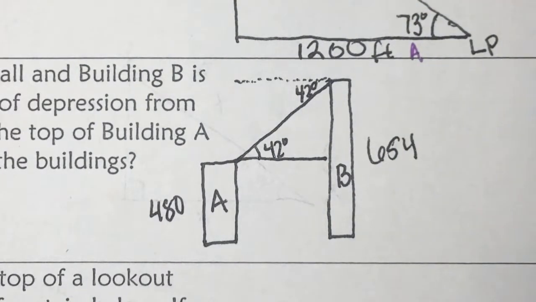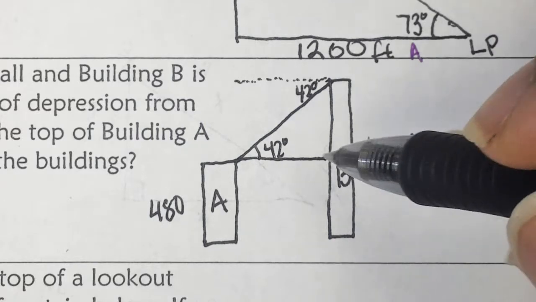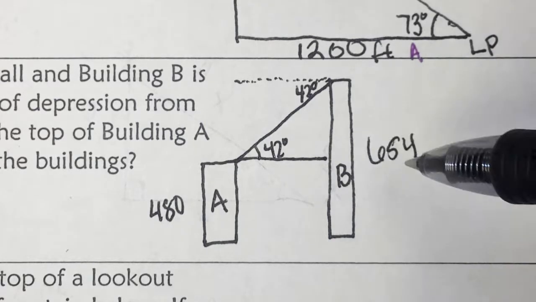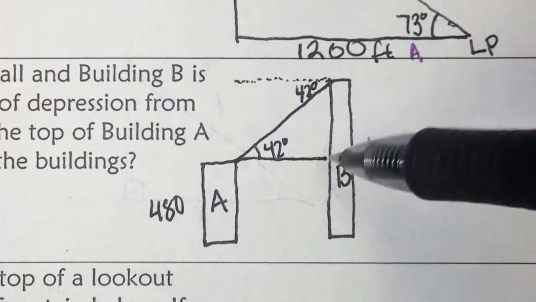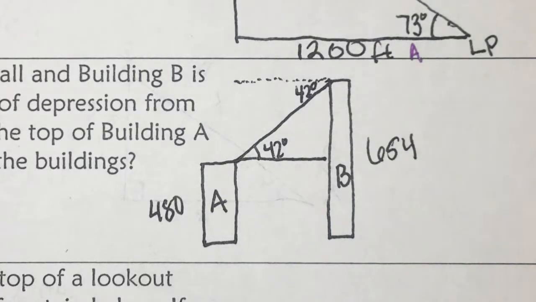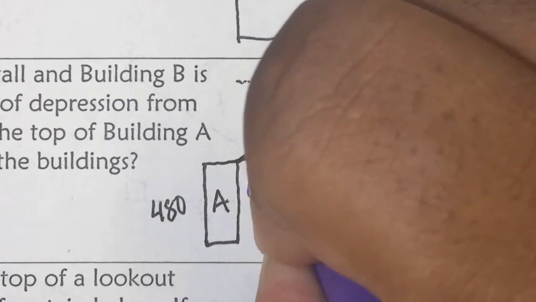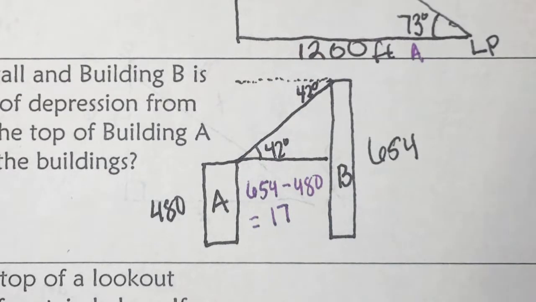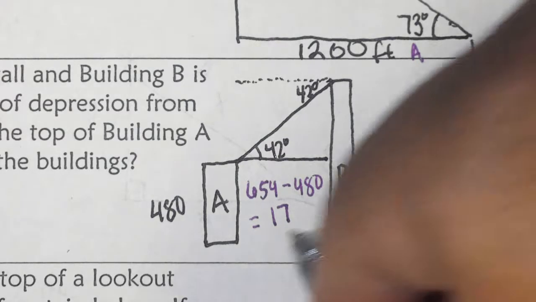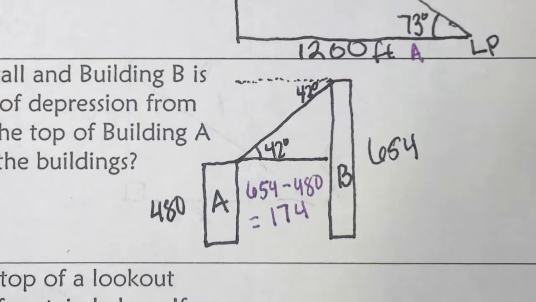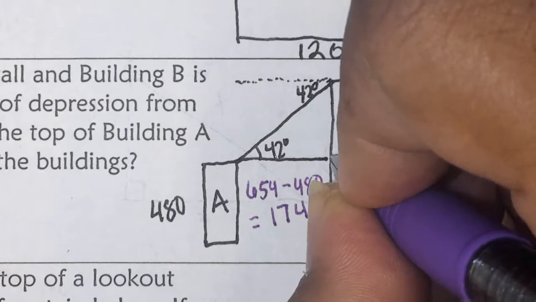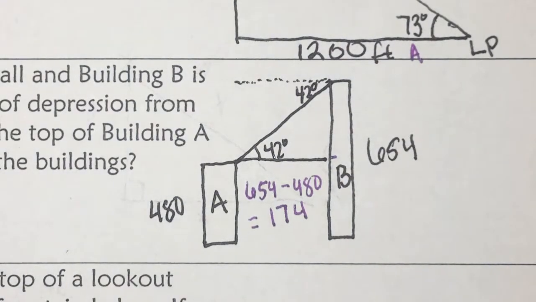What Kim was telling you is for the triangle, I would have to do 654 minus 480 to get this distance right here. 174. Yeah, 174 is the short leg.